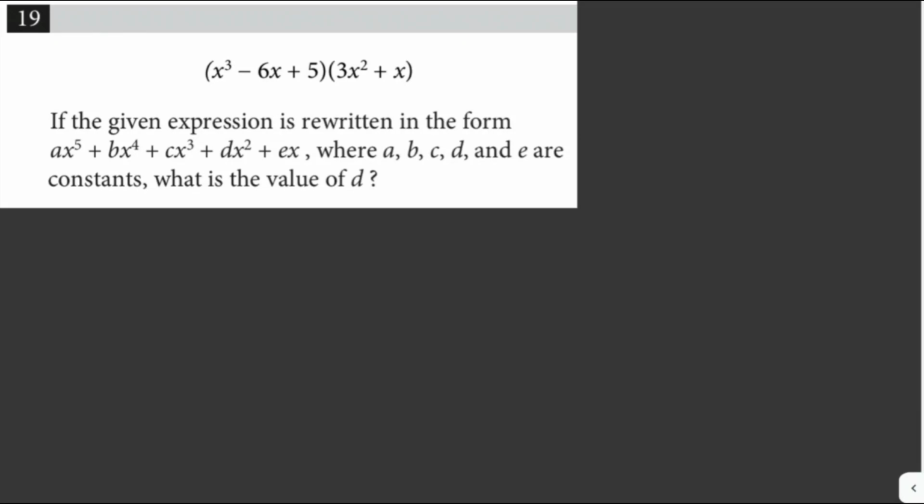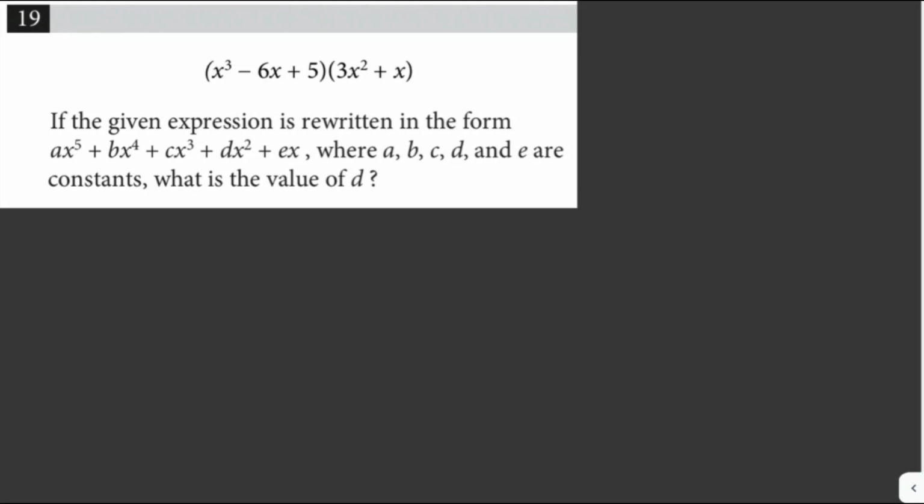Okay, if the given expression is rewritten in the form ax to the fifth plus bx to the fourth plus cx cubed plus dx squared plus ex, where a, b, c, d, and e are constants, what is the value of d?